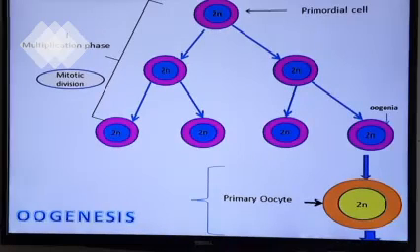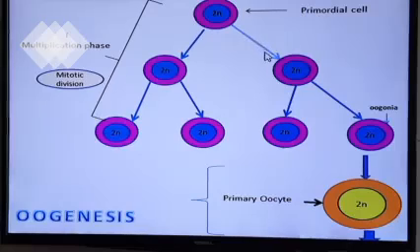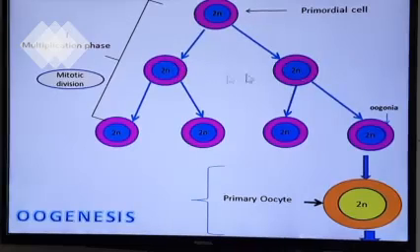Look at the screen. This one is the single germinal cell. We call it a primordial cell. This primordial cell divides and forms a daughter cell. Again, this divides and forms daughter cells. It means that a single primordial cell divides and forms 2 daughter cells.